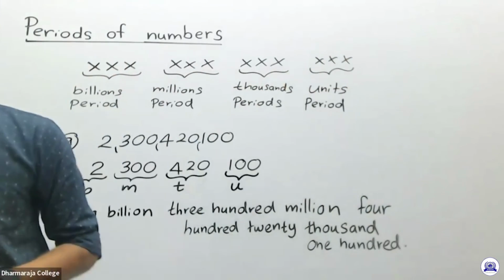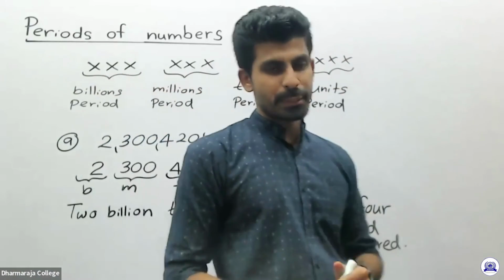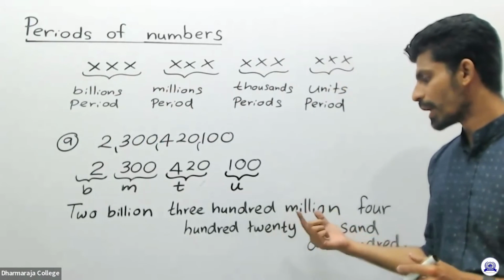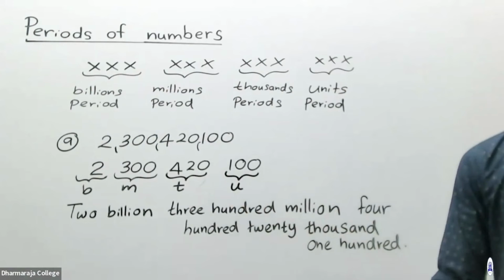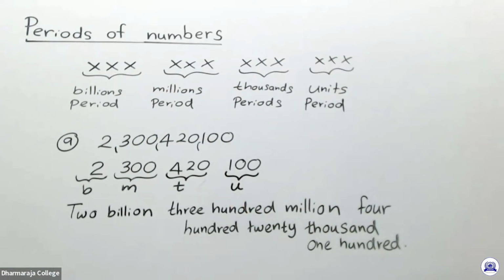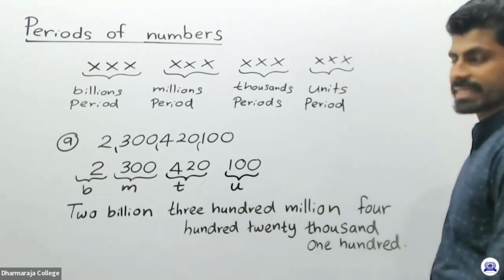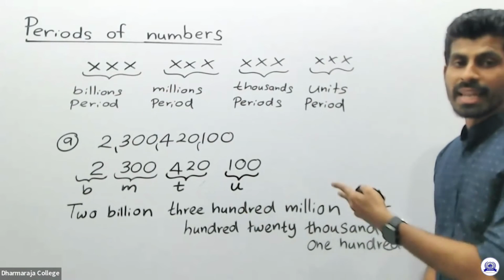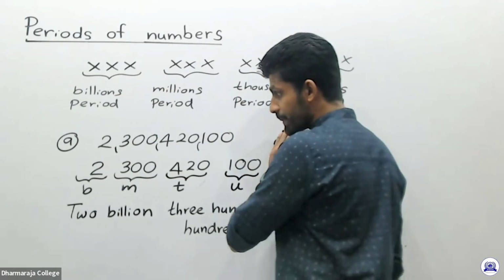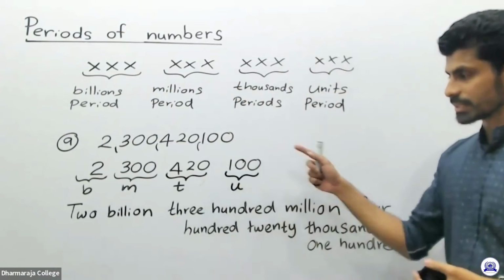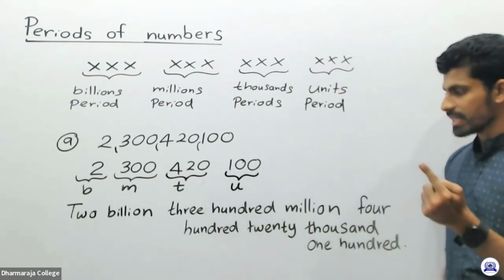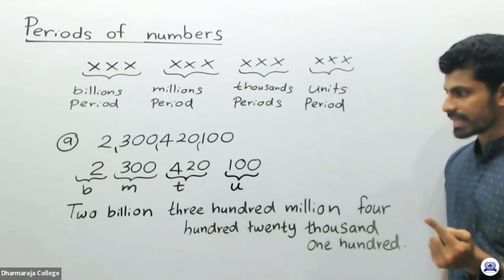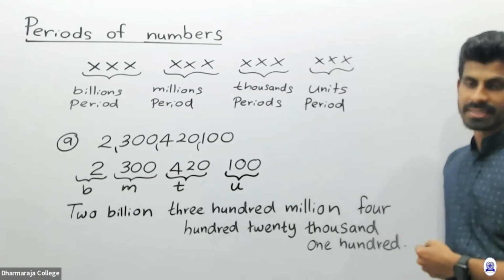Two billion, 300 million, 420,000 100. I'm quickly moving to the last example. Then you can do this one. Just quickly note it down. 2 billion 300 million 420,000 100.